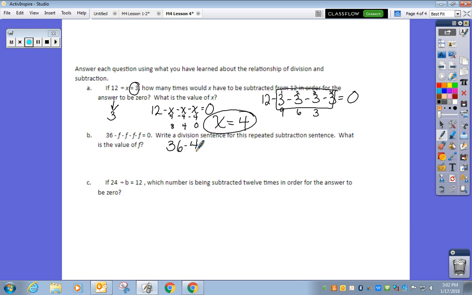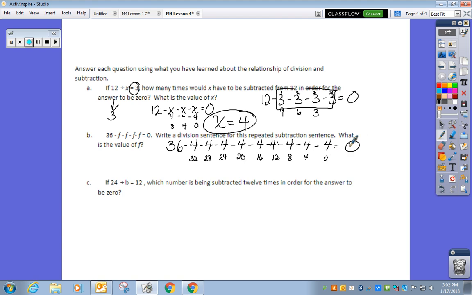So 36 minus 4 is 32, minus 4 is 28, minus 4 is 24, minus 4 is 20, minus 4 is 16, minus 4 is 12, minus 4 is 8, minus 4 is 4, minus 4 gets me the 0.